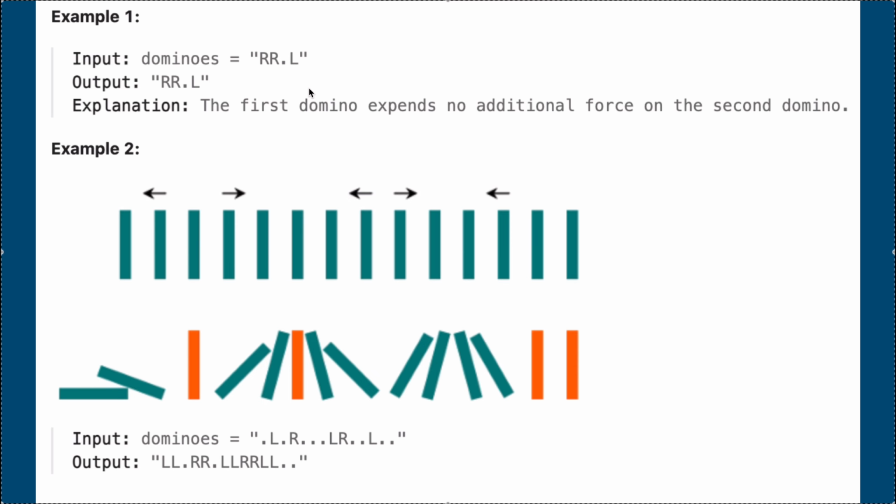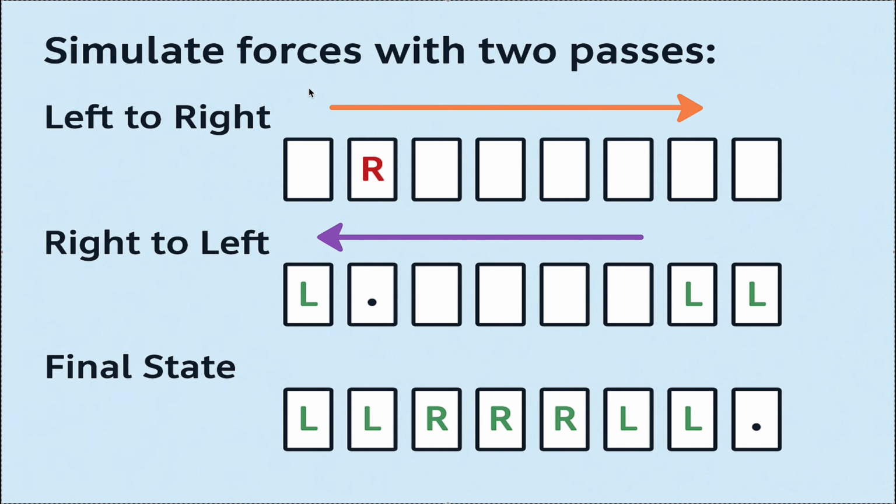So now you understand what the problem is here, right? Let's understand the intuition of this problem. How do we simulate forces with two passes? If we go left to right, it means you are coming from this side, from left to right. If it is coming from right to left, we will come from this side, and then the final state will come like this.